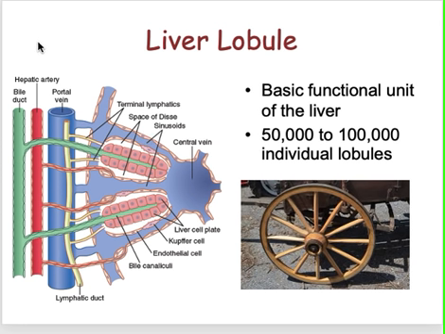Your liver is also supplied by your hepatic artery, which carries oxygen-rich blood in order to nourish your hepatocytes. So that's the blood supply of the liver.